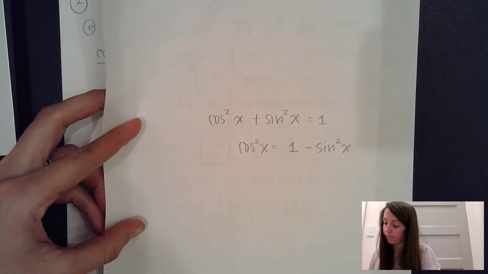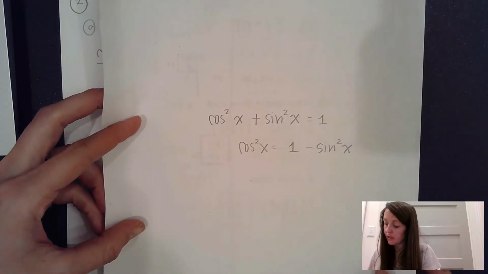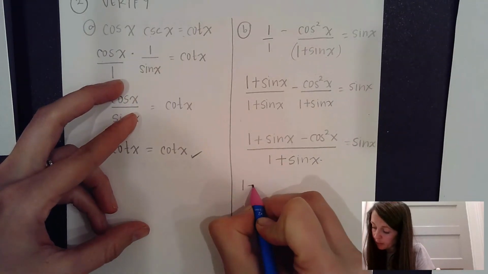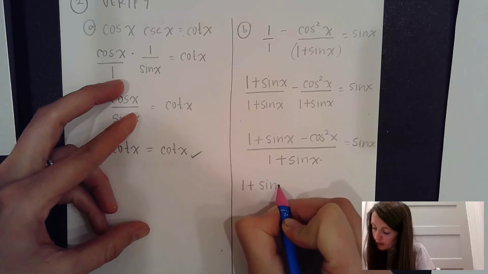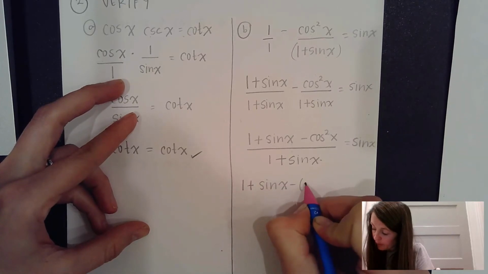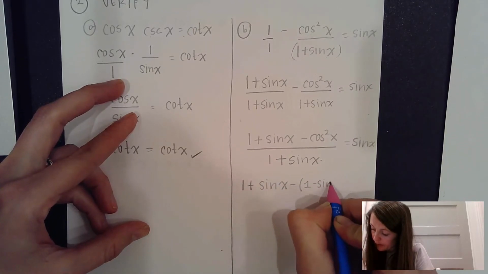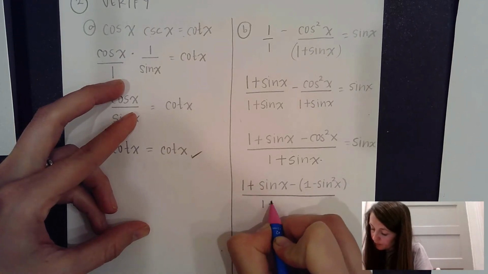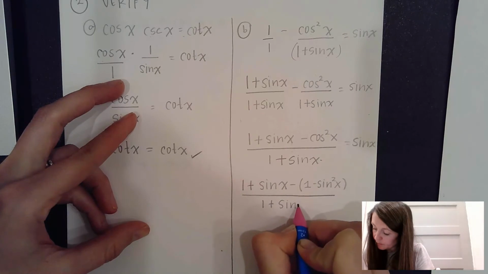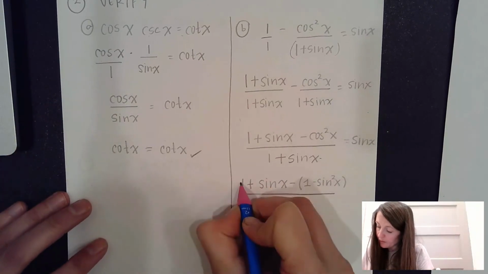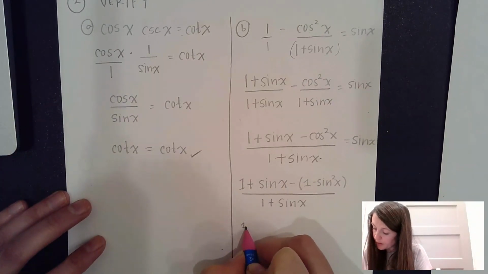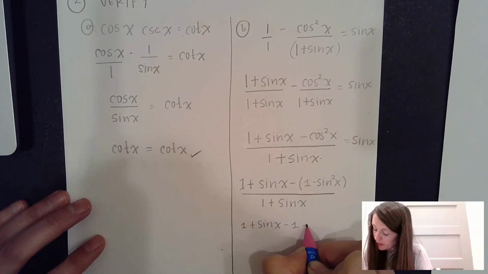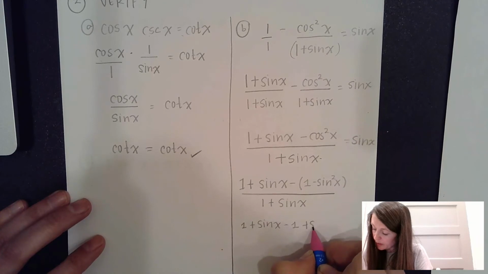Right? So this is the Pythagorean identity. So I can plug in for that cosine squared of x, 1 minus sine squared. So 1 plus sine of x minus 1, and this minus and a minus turns into a plus.